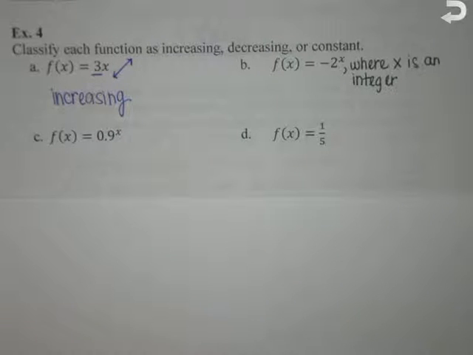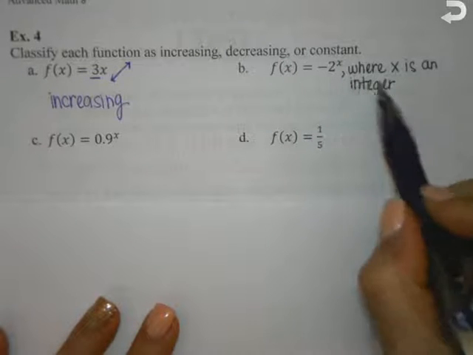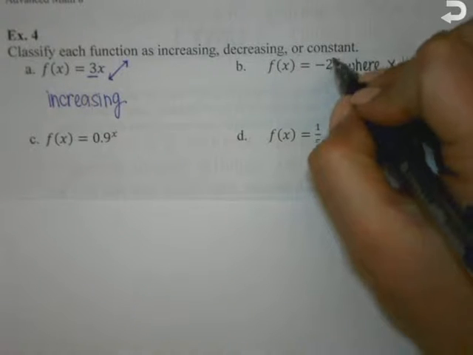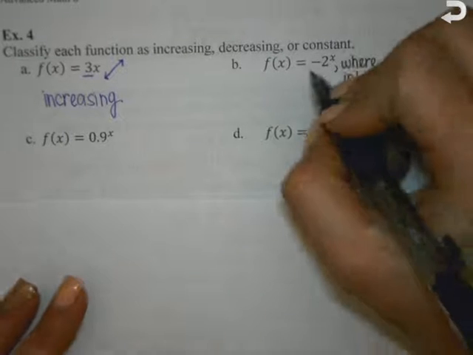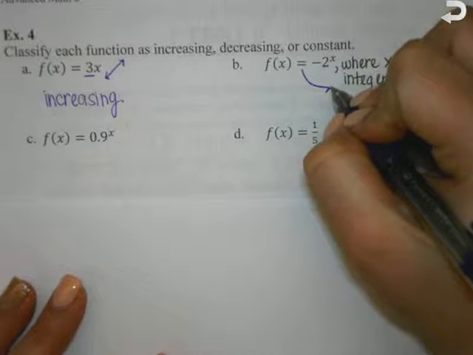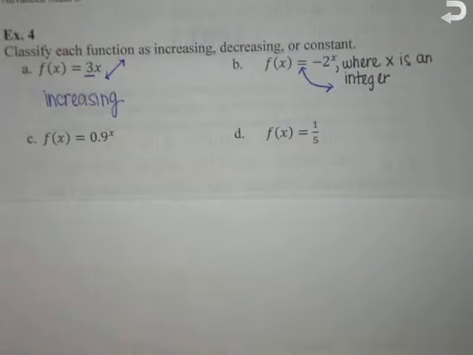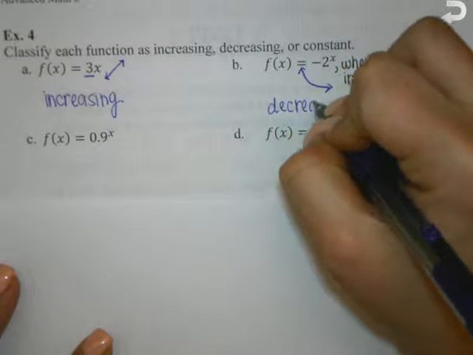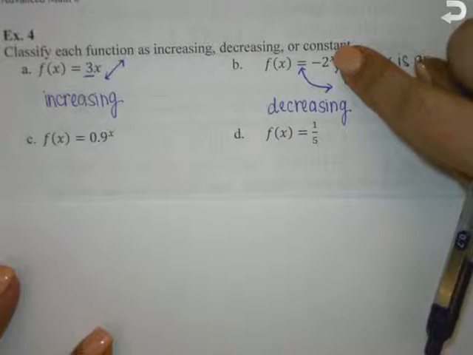Now, part B, f of x equals negative 2 to the power of x, and then I have to write where x is an integer, because this is what type of function? Exponential. Now, if our number has a negative attached to it, our exponential function looks like this, where it starts really high and then gets lower as we go on. So would that be increasing or decreasing? Decreasing. So in an exponential, if your number is negative, it is decreasing.